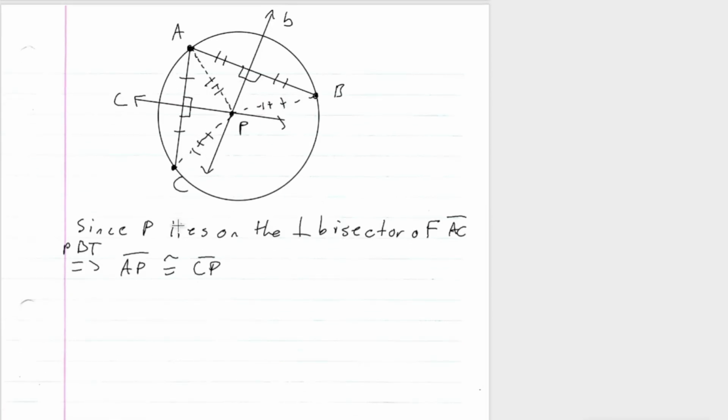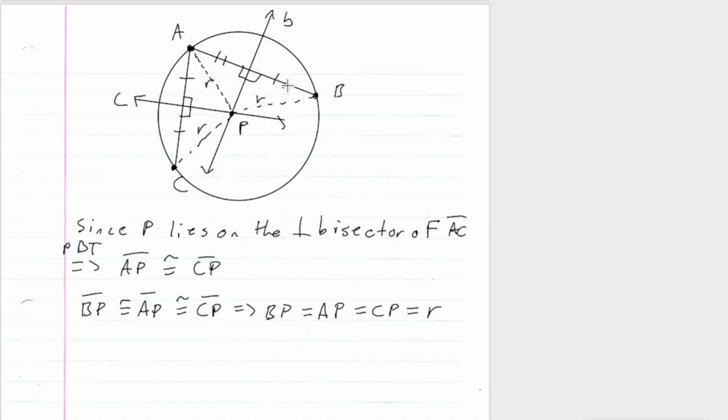So we have BP is congruent to AP, and AP is congruent to CP, this implies that BP is equal to AP, which is equal to CP, and rightfully so, we're going to give all these a measure of R, AKA for radius, right? So instead of those 3 lines, we'll do R, R, R.